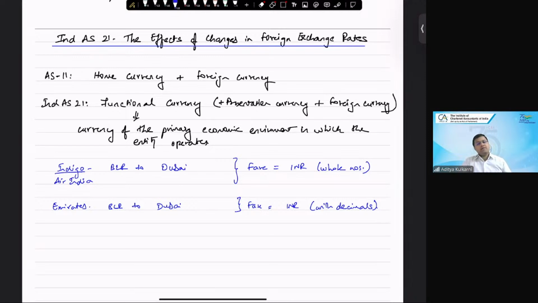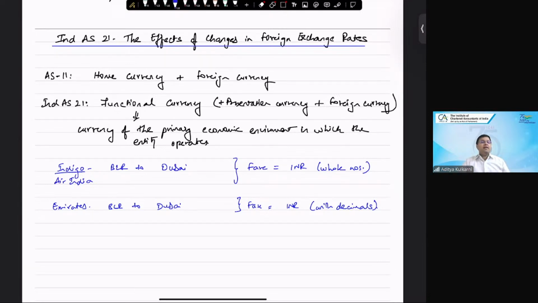Otherwise, the obvious question that every one of us should end up asking is, how is Emirates able to price their fares right up to the second decimal when our own carriers do not do that? That is the problem. Our carriers are determining their fare purely in local terms.